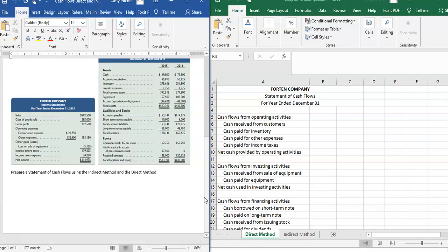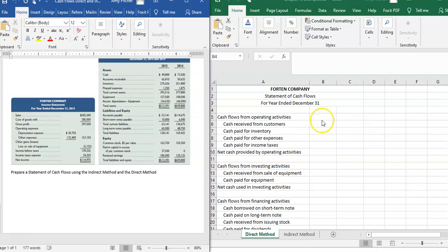So we need the amount of sales, and then we need to look at the difference in our receivables account. We see that we had an increase in accounts receivable from 2014 to 2015. So we have our sales and our change in accounts receivable that's going to become cash received from customers.